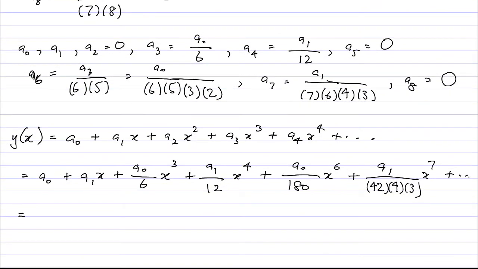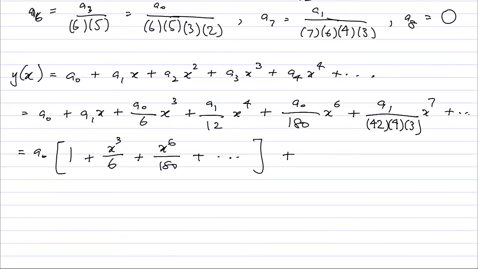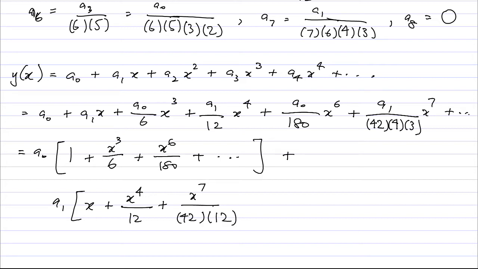So the point being, I can group terms that contain a0, so I'll get a0 times 1 plus x cubed over 6 plus x raised to power 6 over 180 plus blah blah blah, plus a1 times x plus x to power 4 over 12 plus x to power 7 over 42 times 12 plus, and that's it.